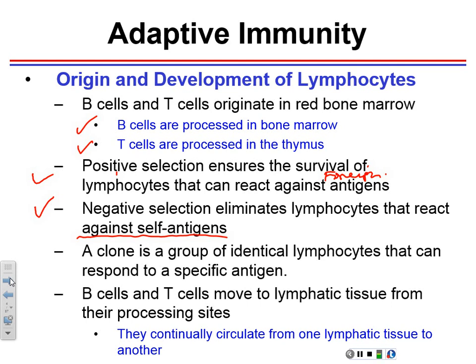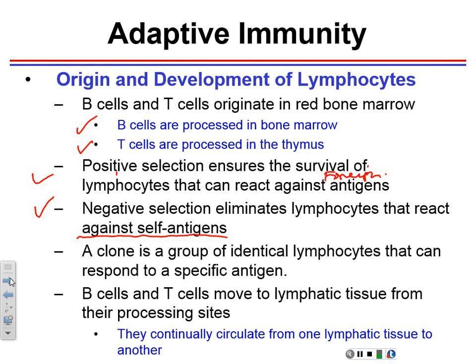Usually these are cloned to prevent all these problems of creating some cells that might attack a body cell. So when you have a cell that is sure to attack foreign antigens, what do you do? You make clones of it. You make a whole bunch of clones, which will be the exact same cell. So there will be no chance of what?